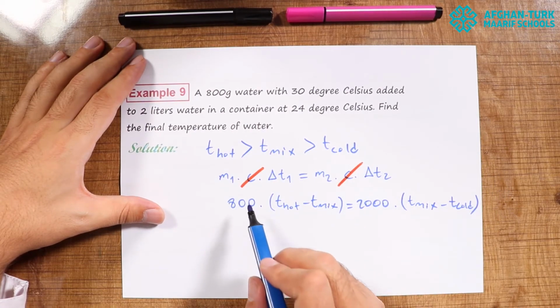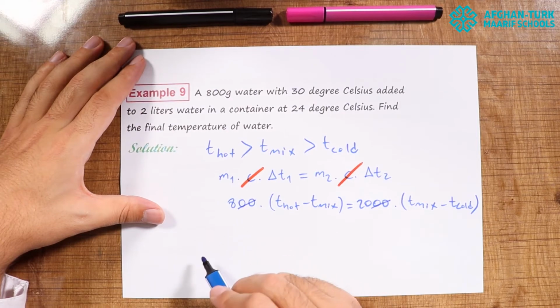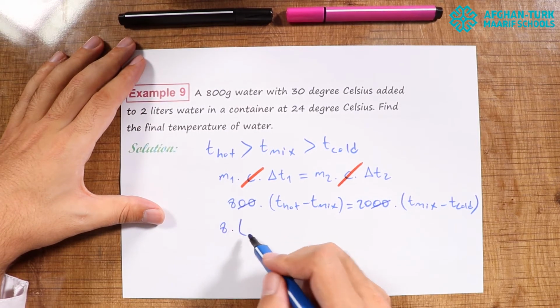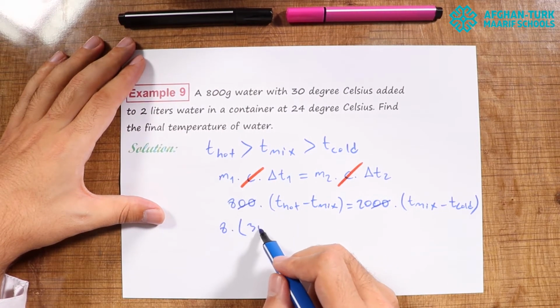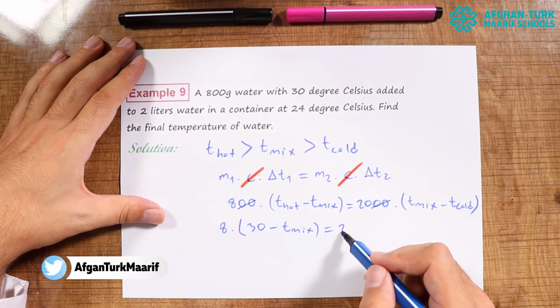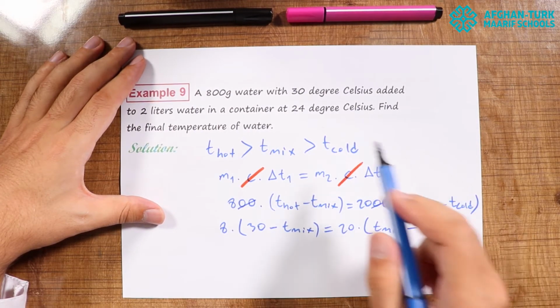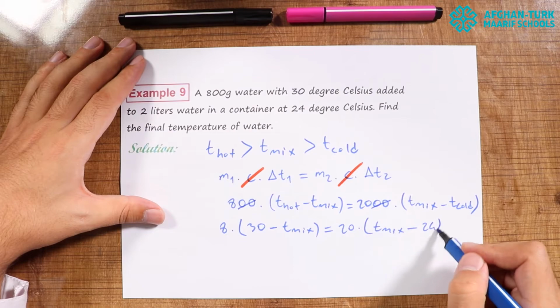I can also cancel out these 2 zeros from here and here, so I will have 8 times T hot, which was 30 degrees, minus T mix, that's equal to 20 times T mix minus 24 degrees Celsius.